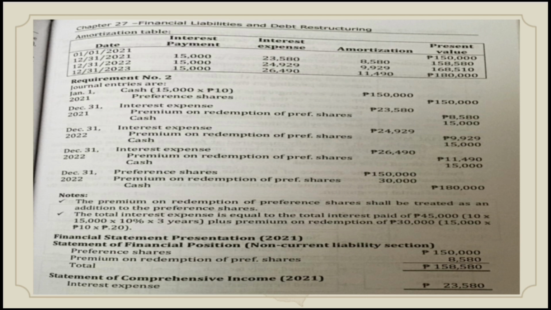So requirement number 2 is the journal entries. On January 1, 2021, we have cash of 150,000, because 15,000 times 10 pesos, and preference shares of 150,000. Then on December 31, 2021, we have interest expense of 23,580 and premium on redemption of preference shares of 8,580 pesos, which you get from the amortization, and then cash of 15,000 for the interest payment.